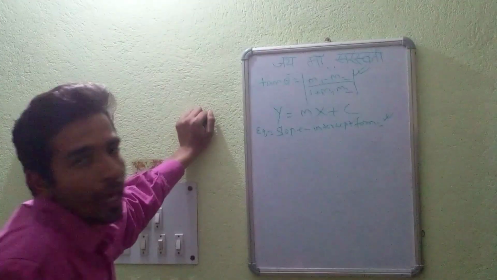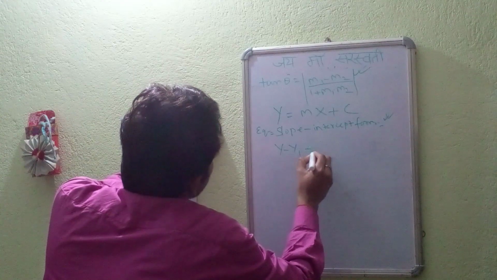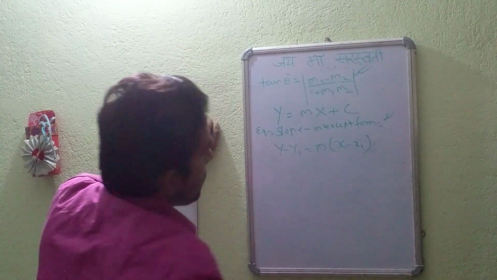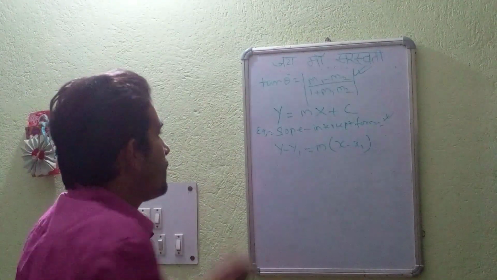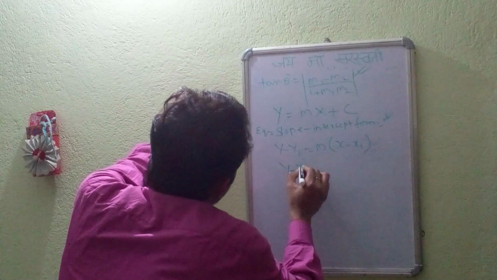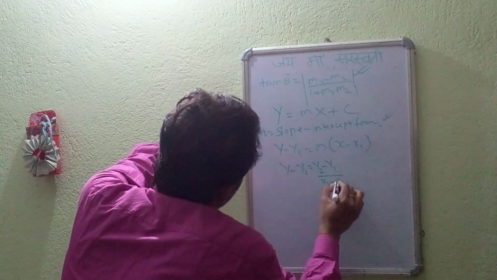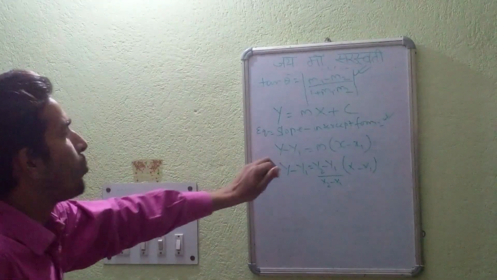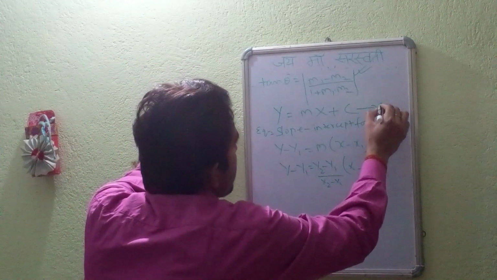We do have different types of equations. Y minus y1 is equal to m into (x minus x1). Y minus y1 is equal to (y2 minus y1) by (x2 minus x1) into (x minus x1). The first equation is the slope intercept form.